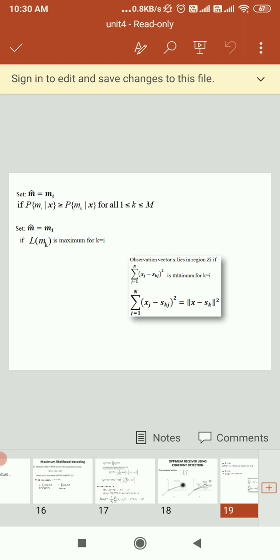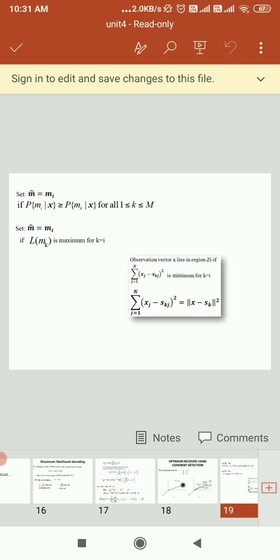So here we can say if we are using the optimum filter, giving that signal with white Gaussian noise, mean equal to 0, at that time you will get the received signal.